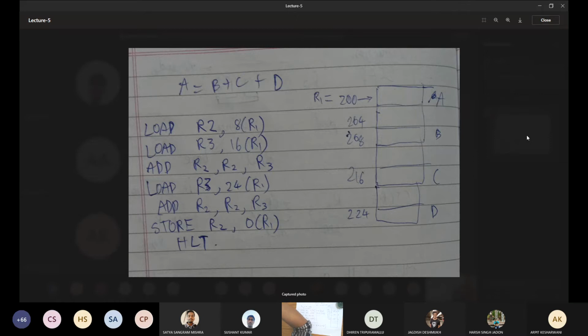Okay, load R3, 24. Yes, good. So he has minimized the use of the number of registers. This is a good solution. He has minimized the number of registers to write the code.